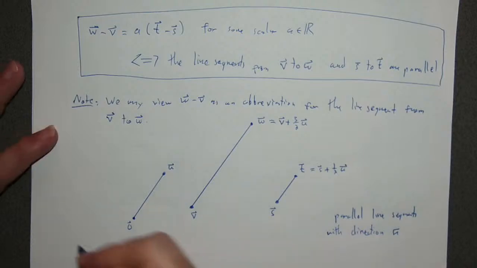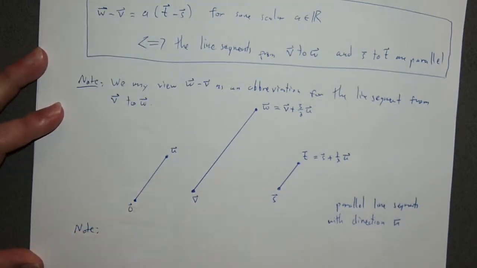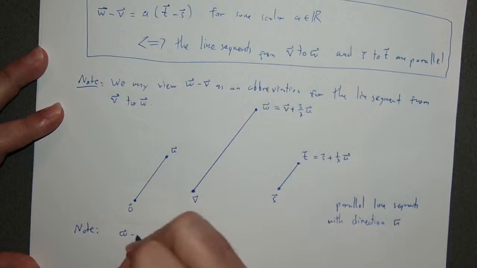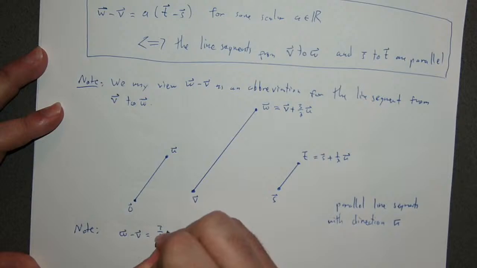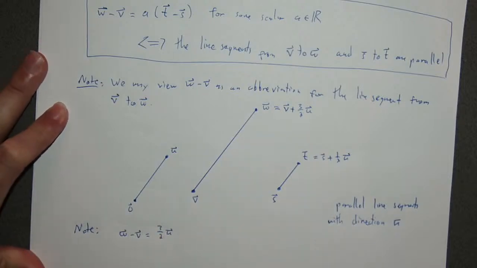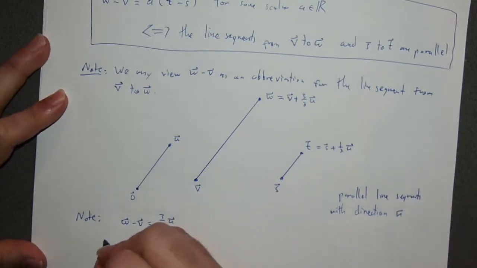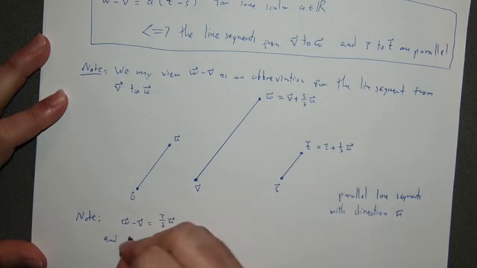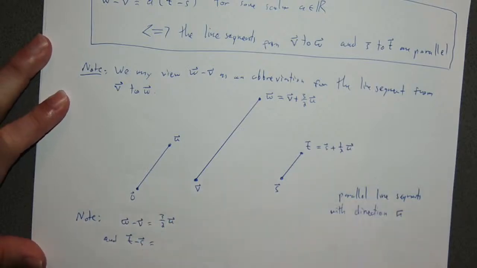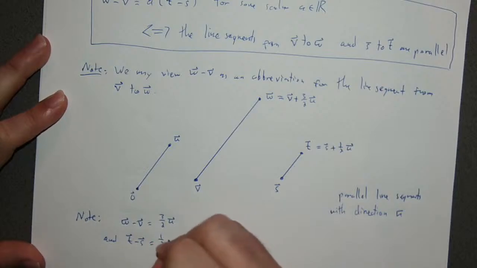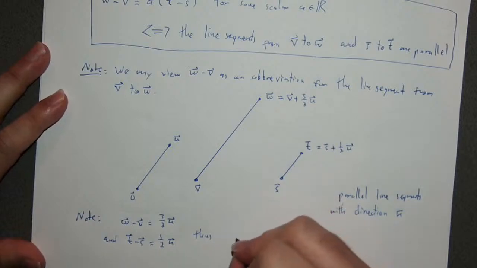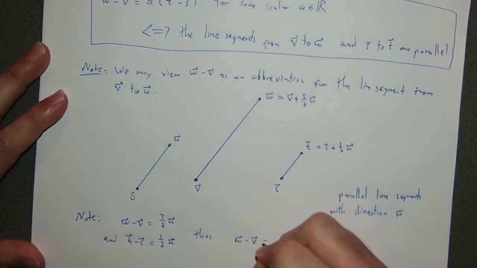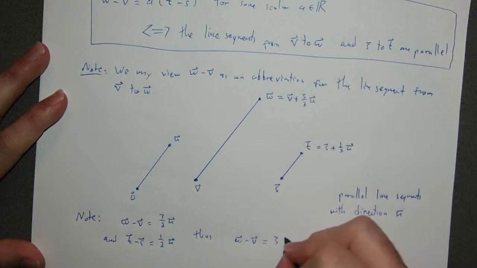Note that w minus v is 3/2 u, that is, it's a multiple of u, and t minus s is 1/2 u. Thus, w minus v is equal to 3 times t minus s.